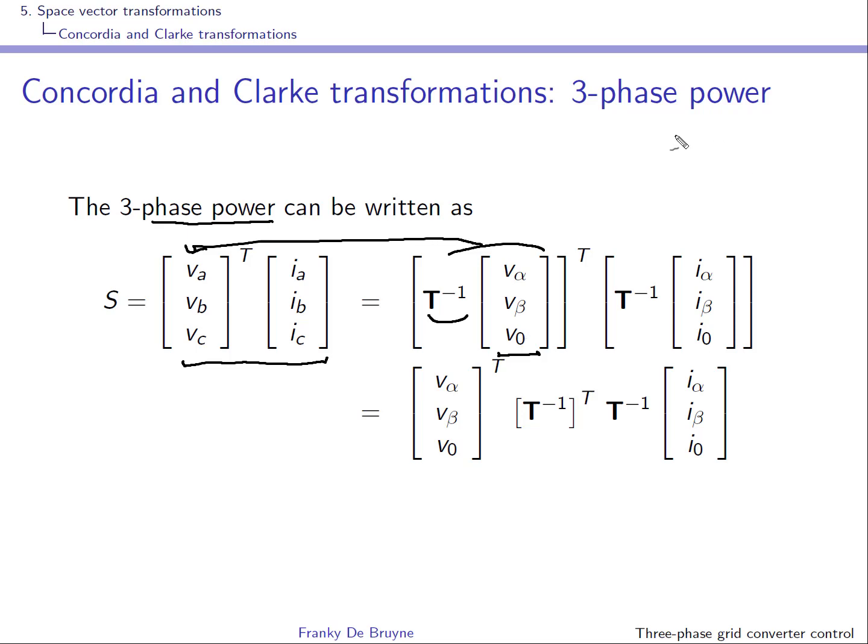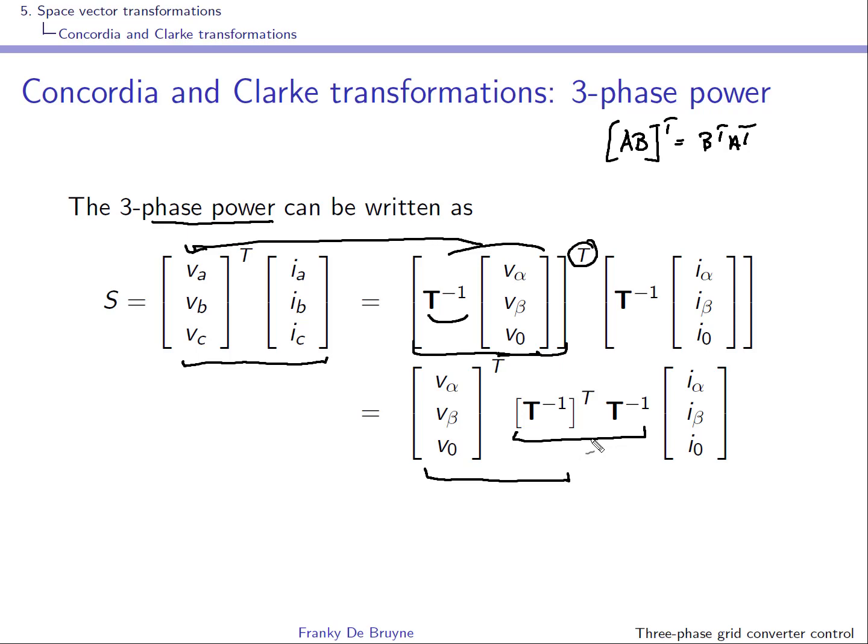You know from linear algebra that (A B) transposed is B transposed A transposed. So you have A transposed here, and you can rewrite the expression accordingly. We have to compute this for both the Concordia transformation and the Clarke transformation.